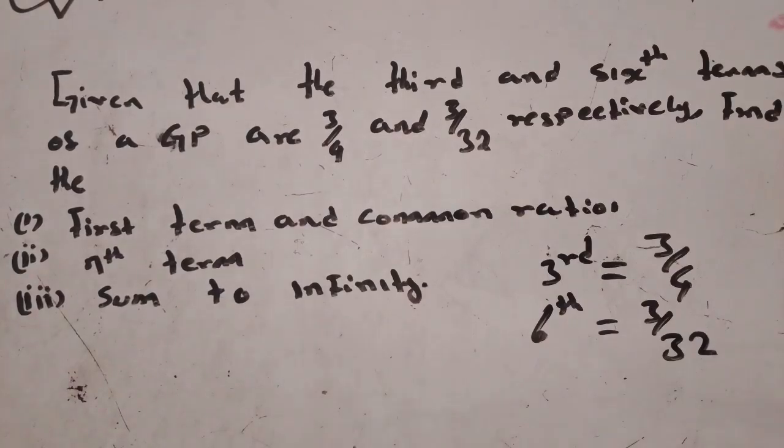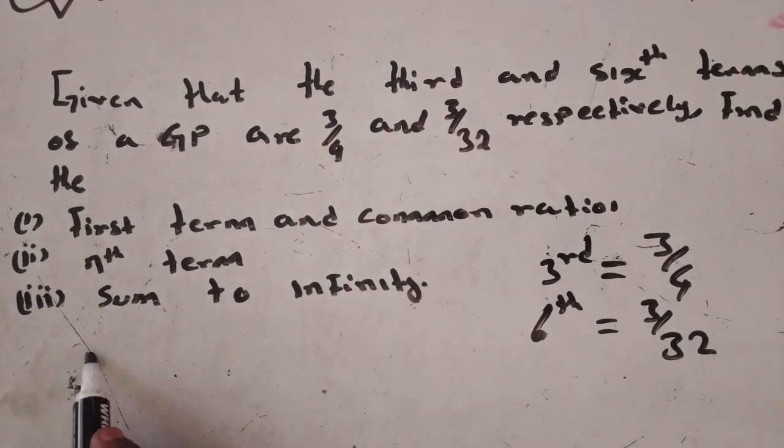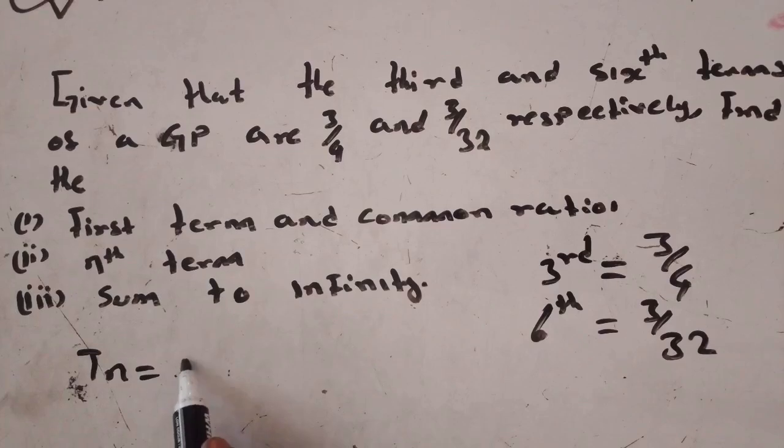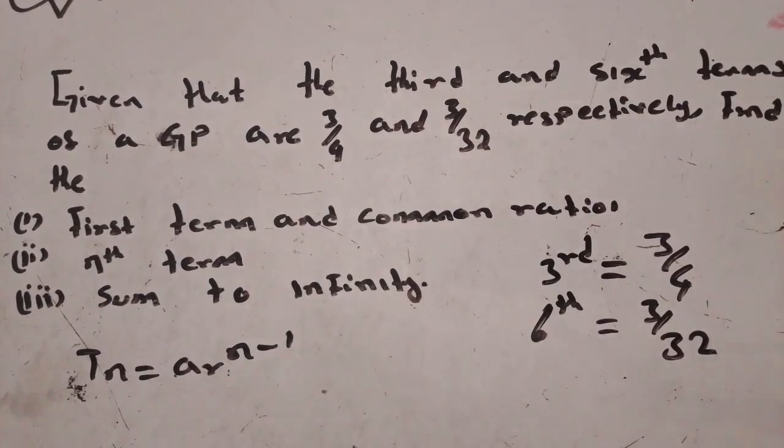Here the first thing you need to do is to write the formulas for the third term and for the sixth term. First of all, you should know that Tn is equal to ar to the power n minus 1. Since it's the third term, where there is n we replace it with 3. So T3 is equal to a, we don't know a, r to the power 3 minus 1.